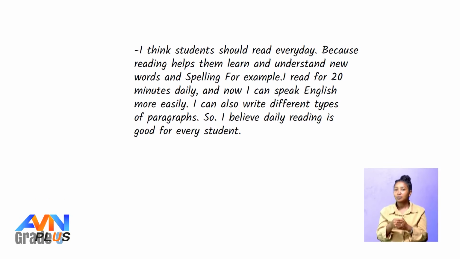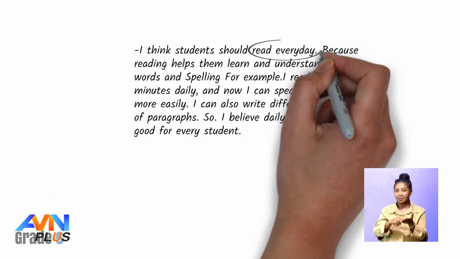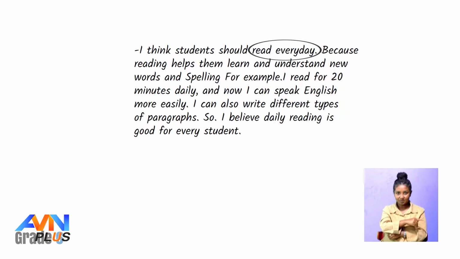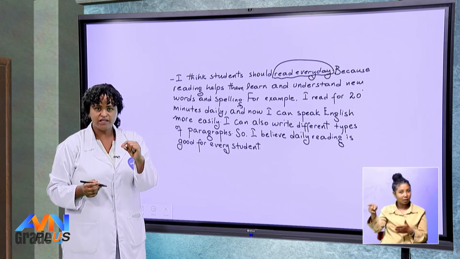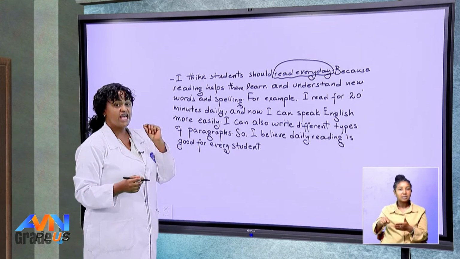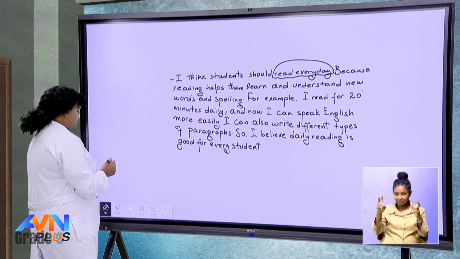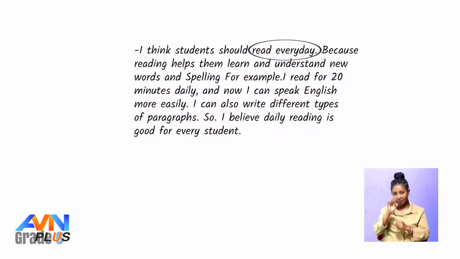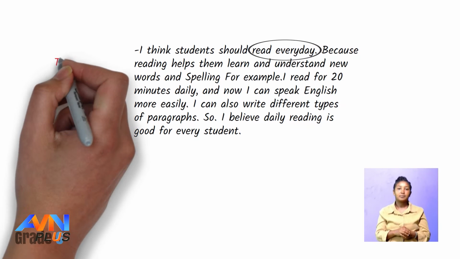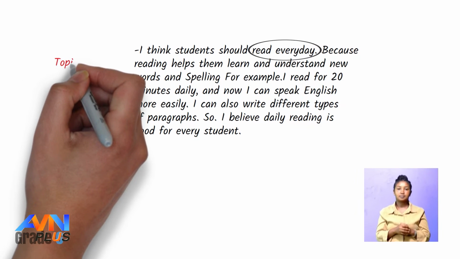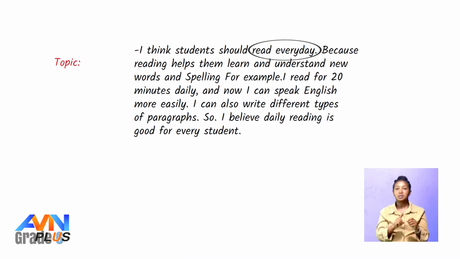It's talking about reading every day. All right? It is the opinion of the writer about reading every day. So, we have what? We have a topic here. Topic, which is what? Reading every day.